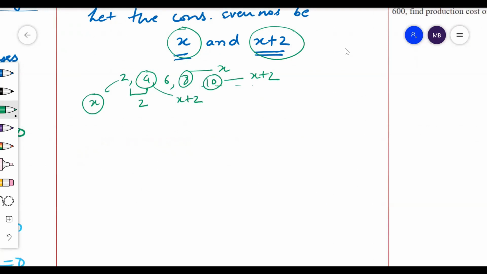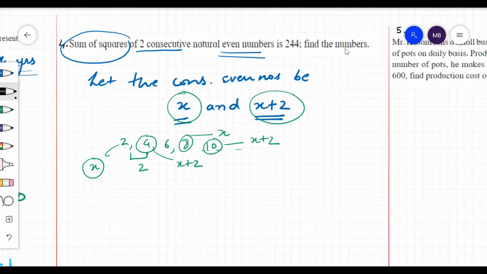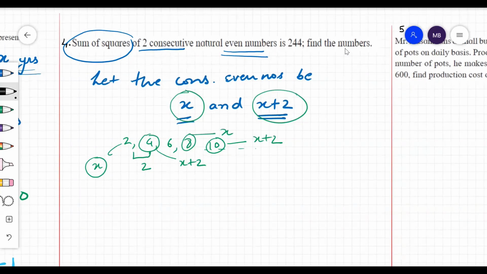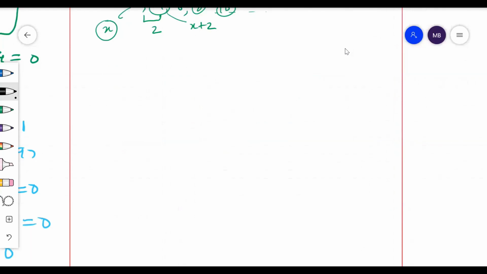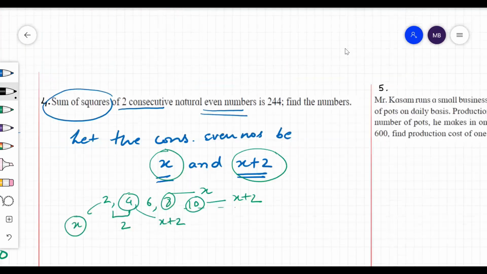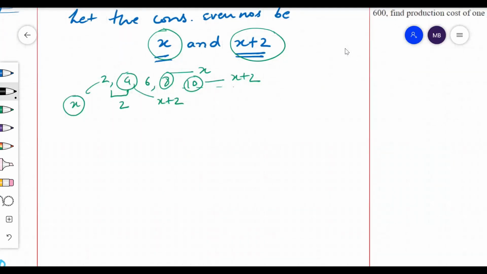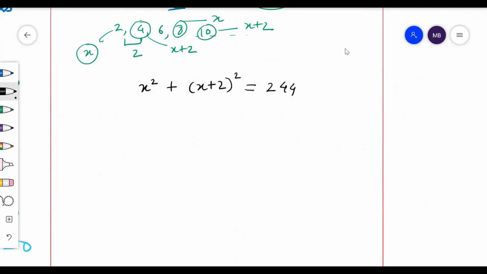Okay. Now, what are they telling us? That sum of these squares. So first of all, we need to square them, and then their sum is equal to 244. So as per the situation, they say that x square plus x plus 2 whole square is equal to 244. Perfect. This is the situation.